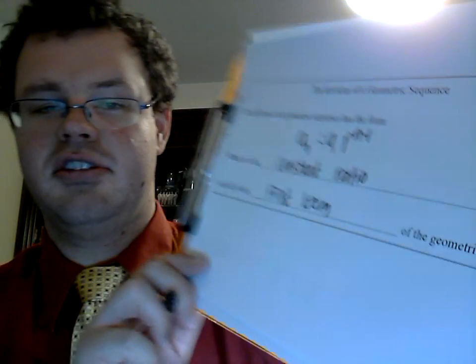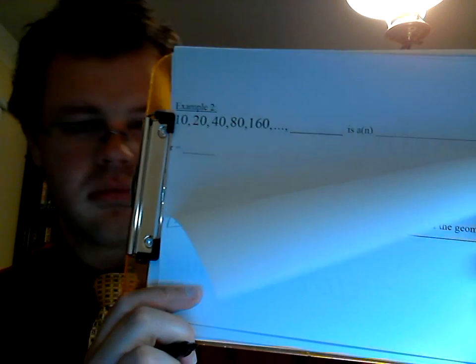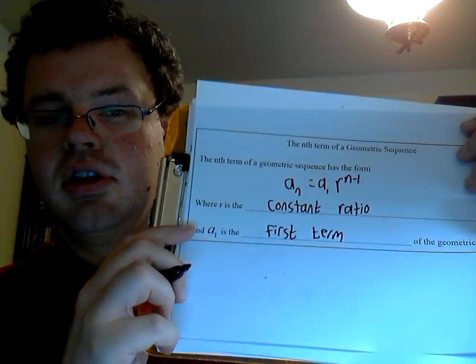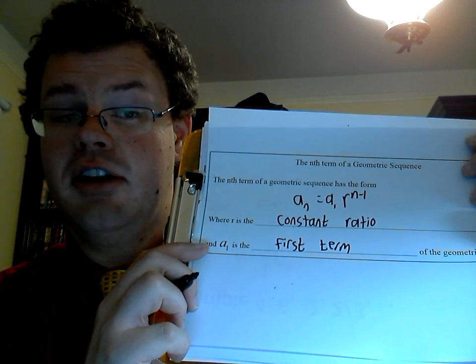Where r is the constant ratio between the terms and a1 is the first term of the geometric series. Okay, so let's look at one example, and then I'll turn you guys loose to work on a few by yourselves.